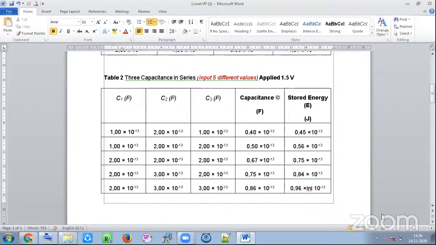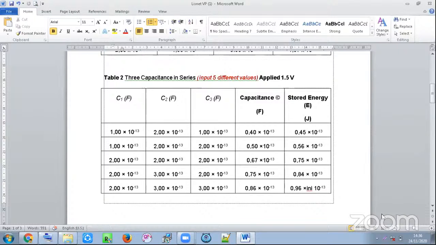And row 3, when C1 is 1 times 10 to the power of minus 13, C2 is 2 times 10 to the power of minus 13, and C3 is 2 times 10 to the power of minus 13.